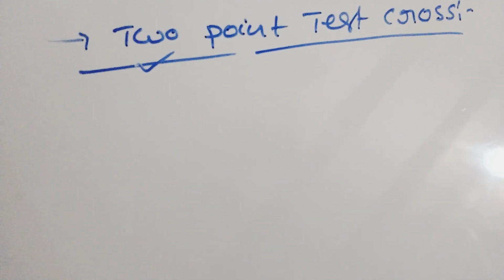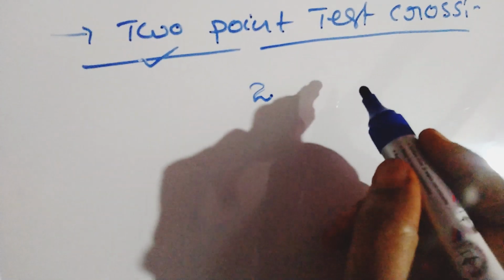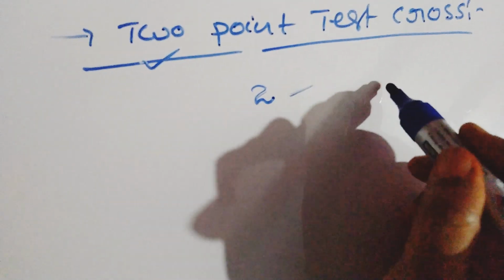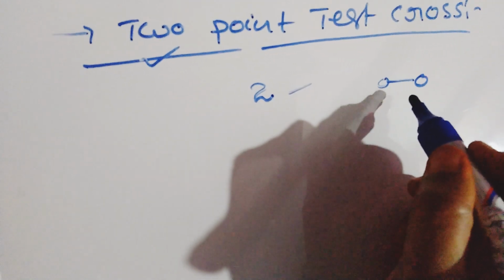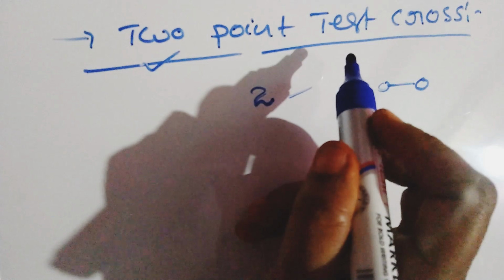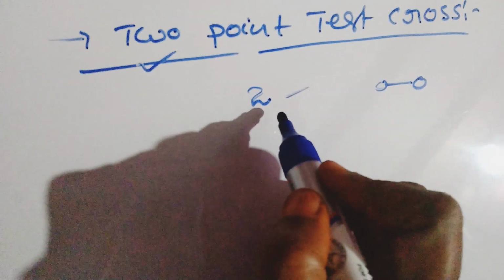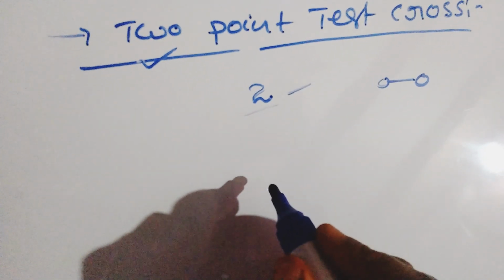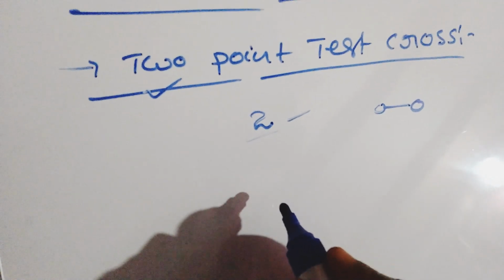If we take two genes at a time to observe their recombination frequency, then it is called a two-point test cross. This is done for knowing the distance between two genes.